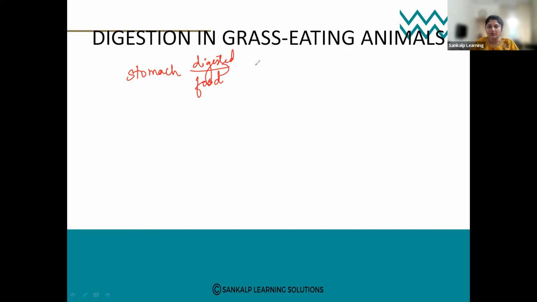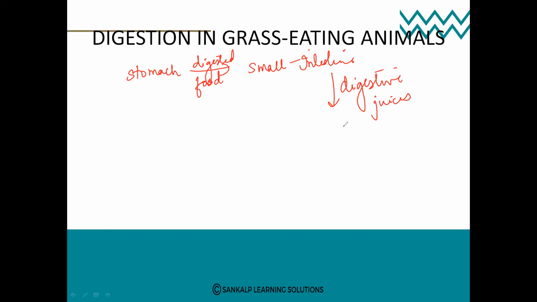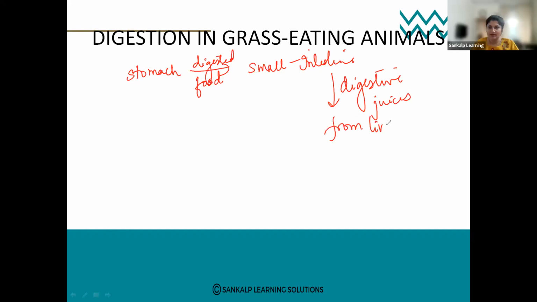Now here, digestive juices from the liver and pancreas are released. The simple nutrients formed by digestion are absorbed here.